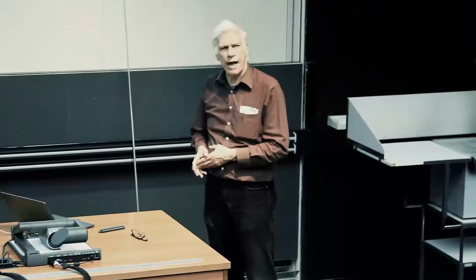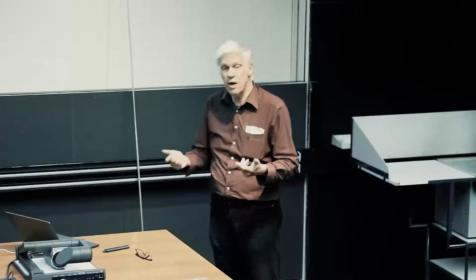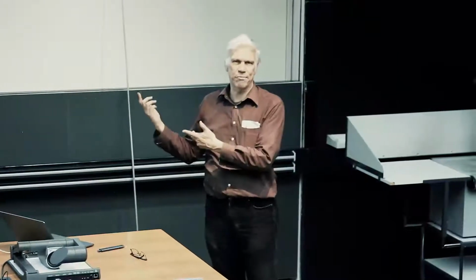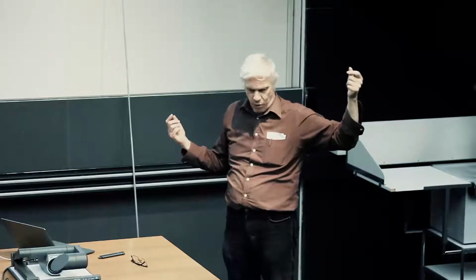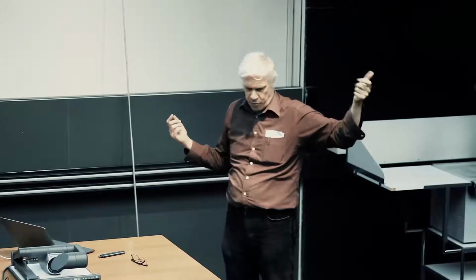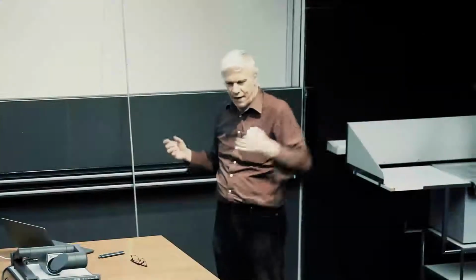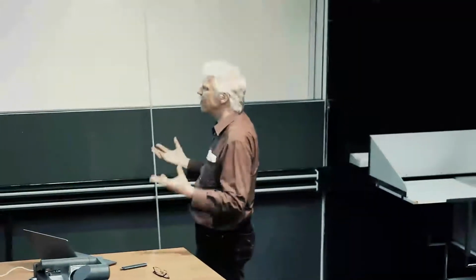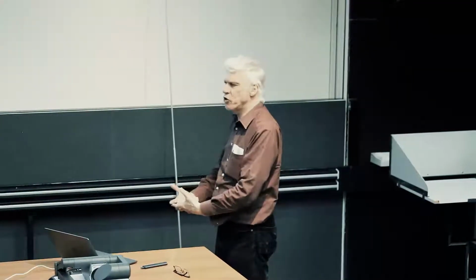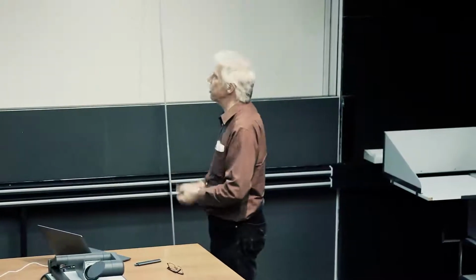If you sit in the shadow of a tree, you can still read a book because of scatter. Light doesn't just go directly from the sun to the observer. It is scattered in different directions.